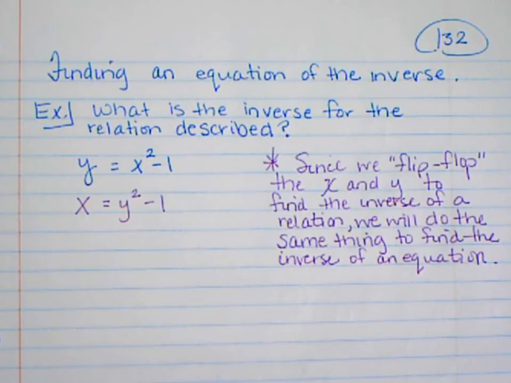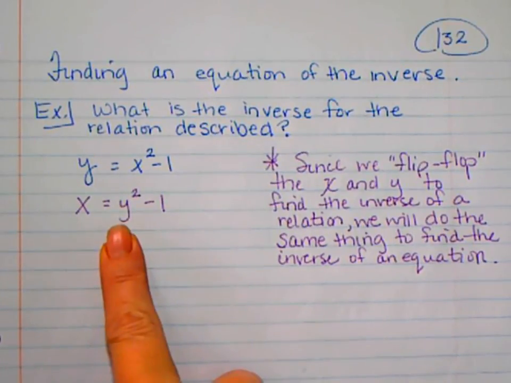Do you think that's all we do? No. That's the first thing we do. We flip-flop the x and the y, okay? Once we do that, then we have to get y all by itself again. So you flip-flop the x and the y, and then you isolate the y.